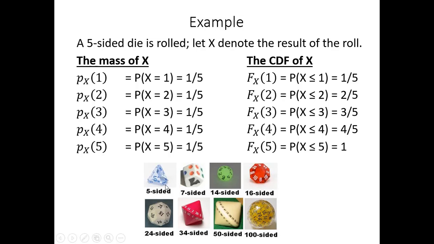For example, there are 5-sided die, 7-sided die, and so on. You can see all these different ones. And these are used in various games. So let's think about a 5-sided die, okay? And imagine that the 5 sides that are possible to come up are 1, 2, 3, 4, 5.